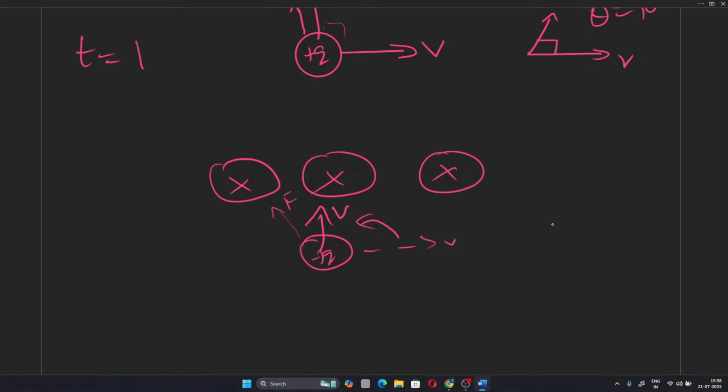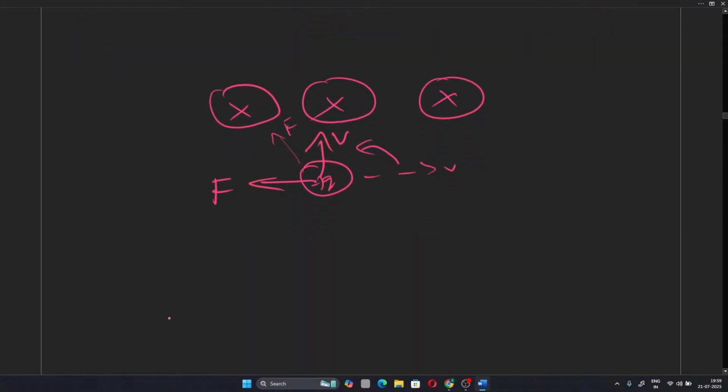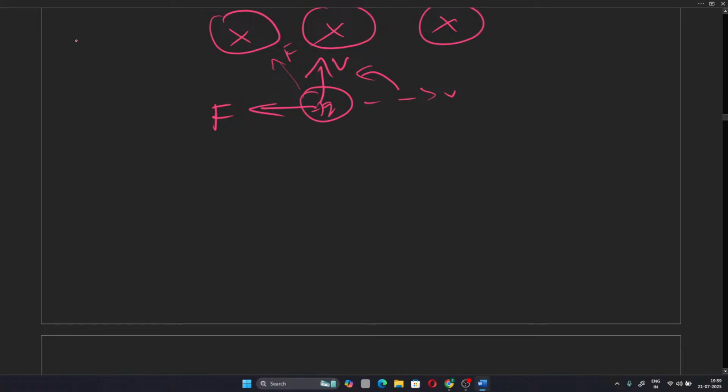Now if we see the angle between velocity and magnetic field, it will still be 90 degrees, but the direction of force will change. Where the velocity is this side, the force will be acting this side. Again, this is t equals 2 seconds.